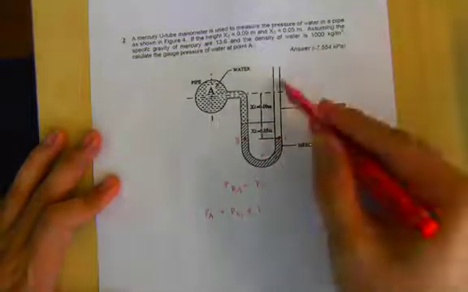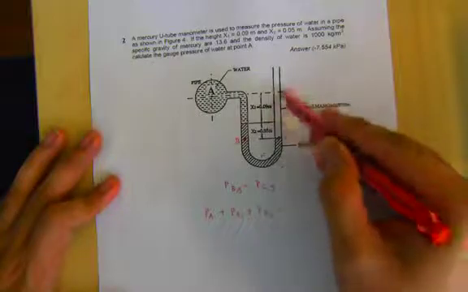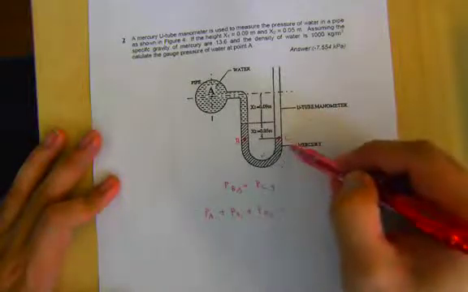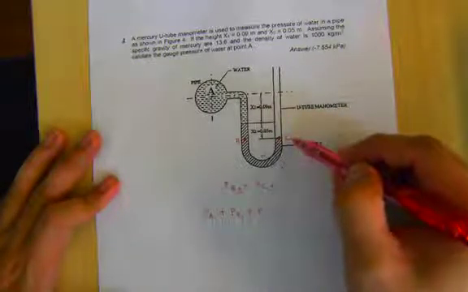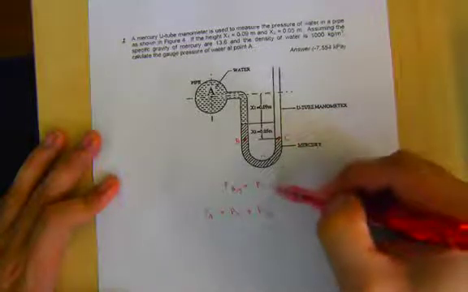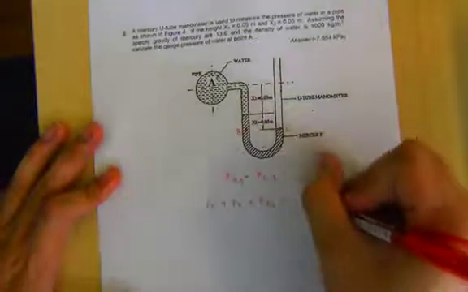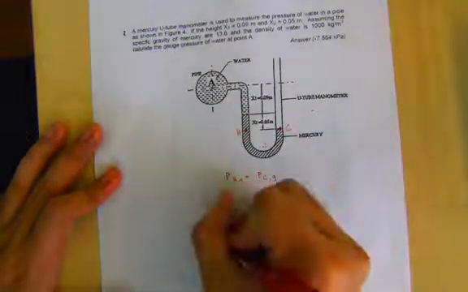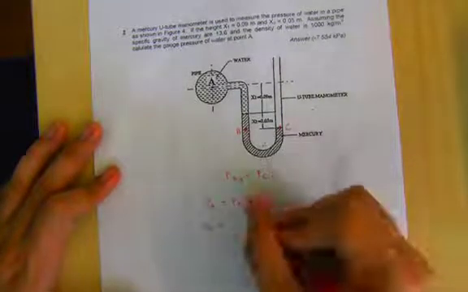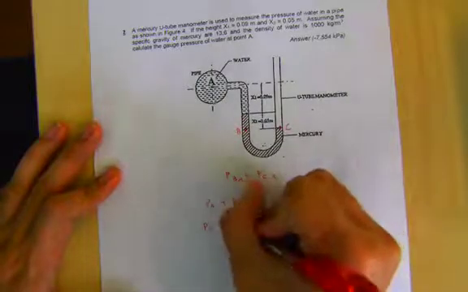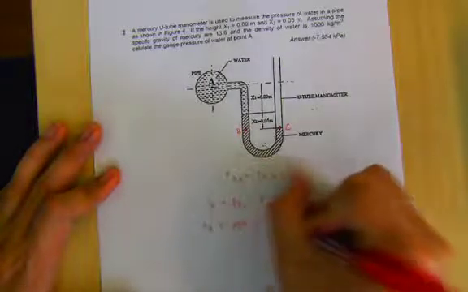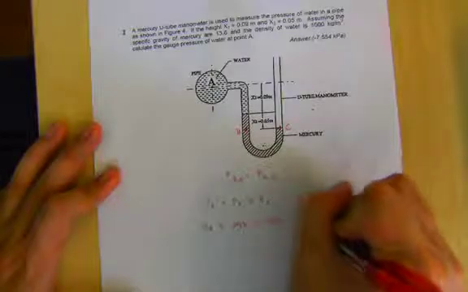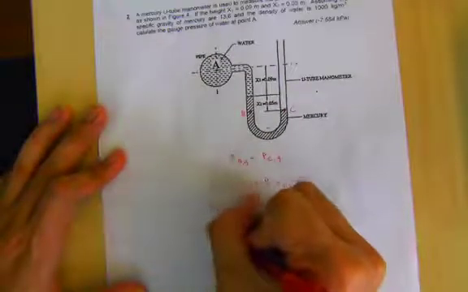For PC, since everything here is air, by right PC is atmospheric pressure, but since we are considering gauge pressure, the gauge pressure is 0. PA is our unknown. PX1 will be rho g h plus PX2, also rho g h.